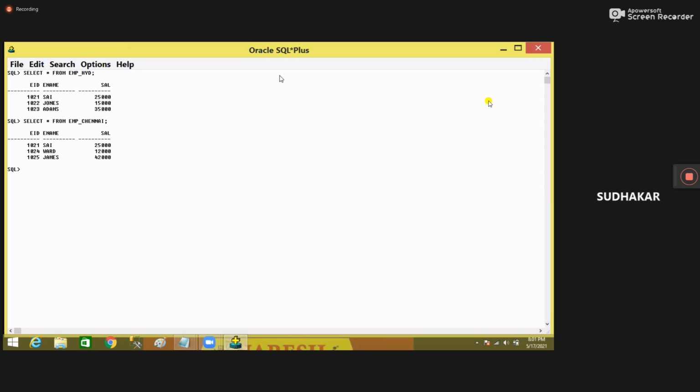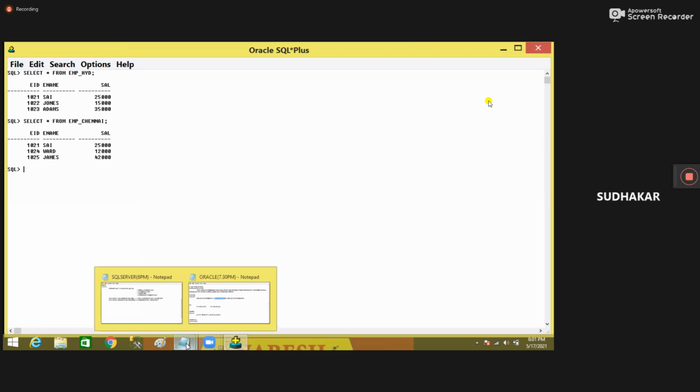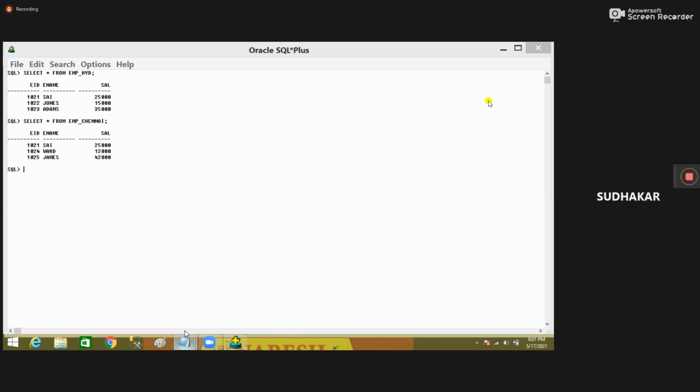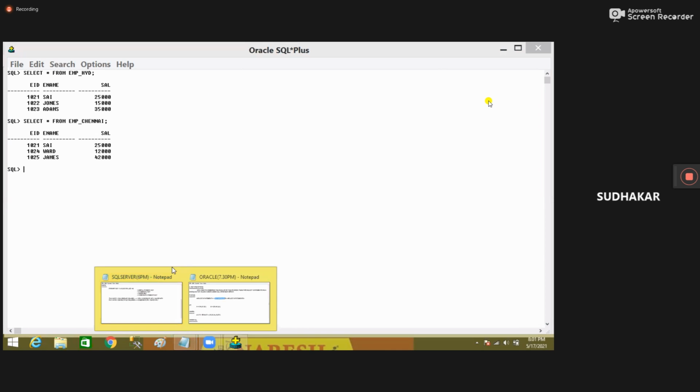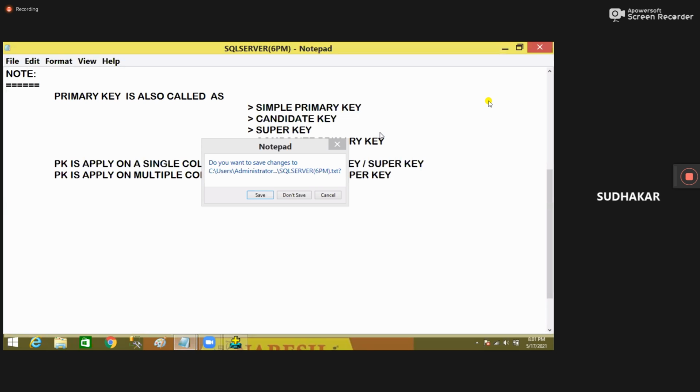Now these two branches' data we store in two tables. Now what I want to do on these two tables of data is apply some set operators. Suppose the question is coming out like this, observe.